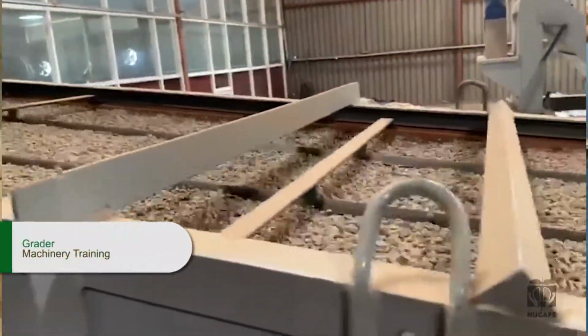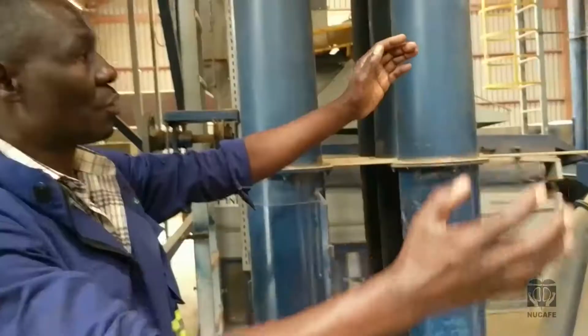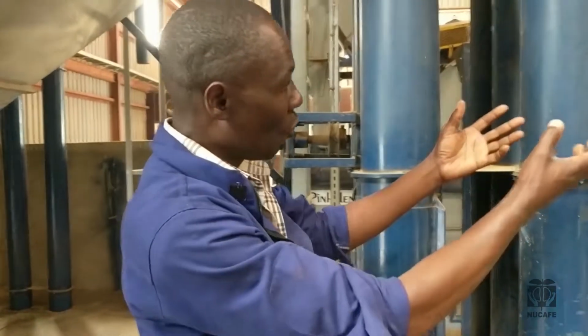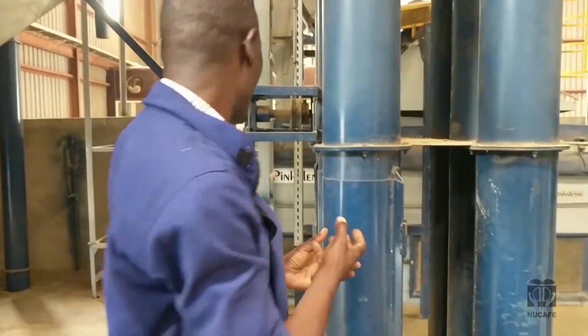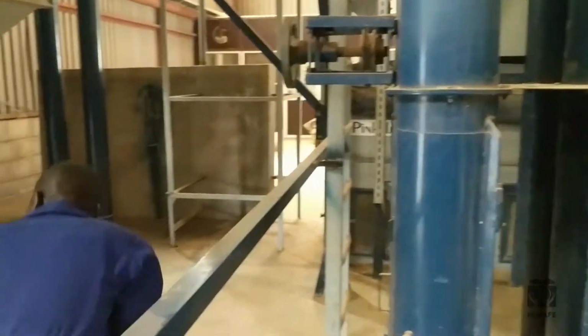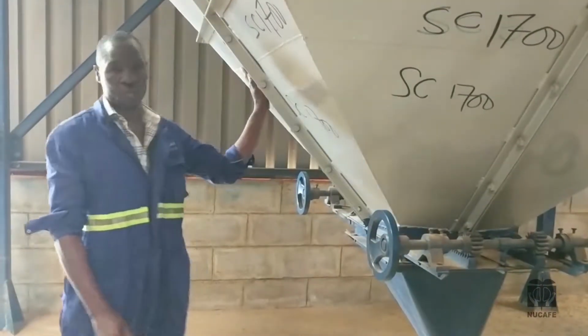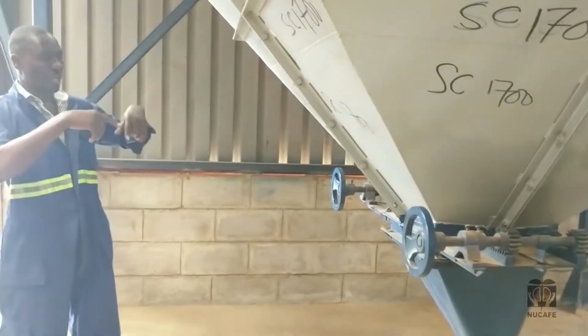So as the coffee drops on that table, it begins to collect itself in those sizes. And it will all roll down and get into the storage. As you see, inside are partitions.